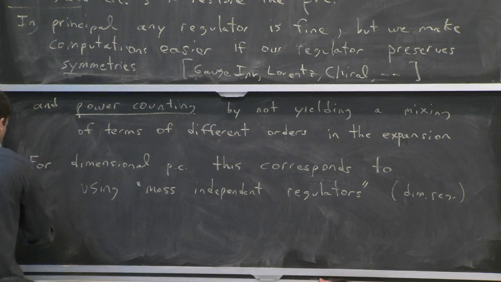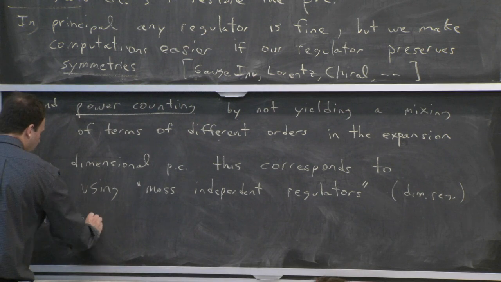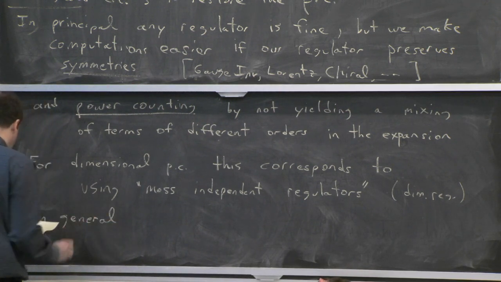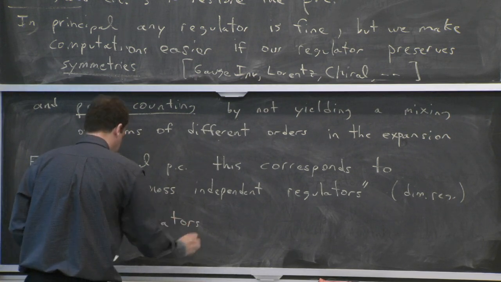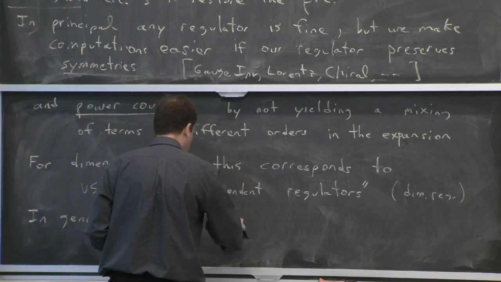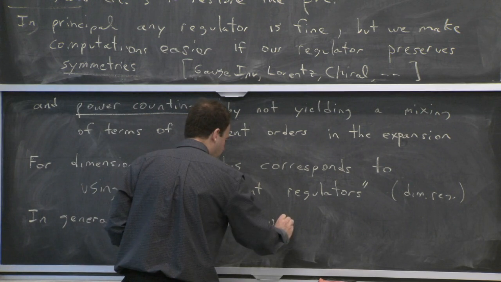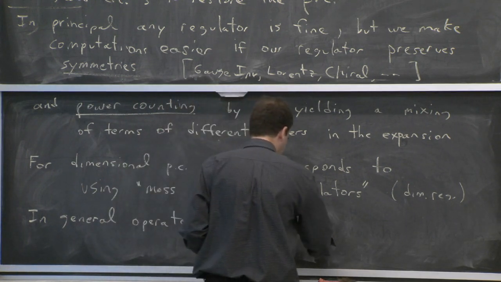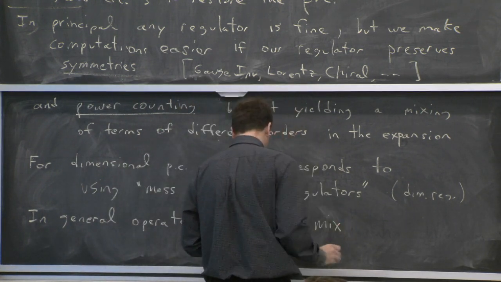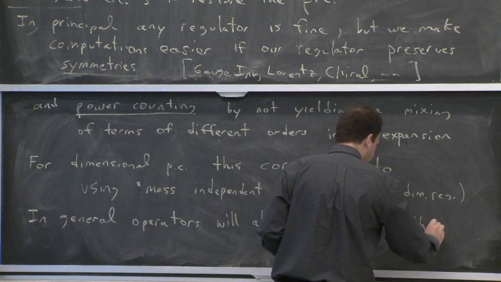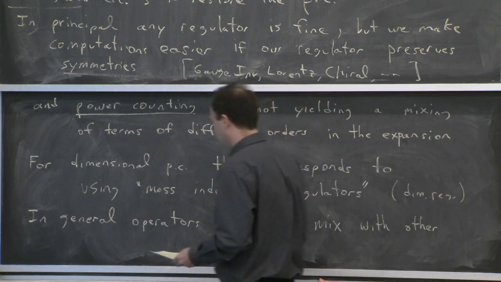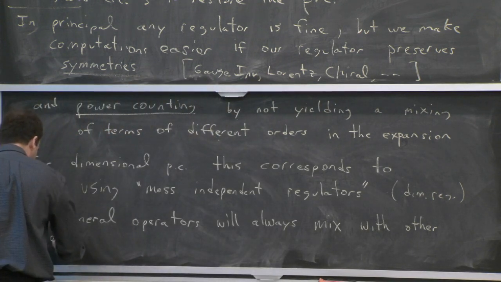In general, I should comment that terms that are the same order will definitely typically mix up with each other under renormalization. So even if you thought you were smart and you enumerated all the operators, but you missed one, and then you started calculating, that operator might just pop out at you because you could have some calculation with another operator mix into that operator.